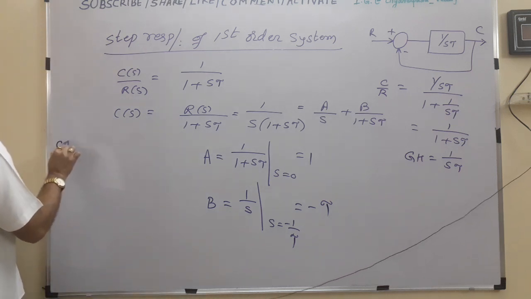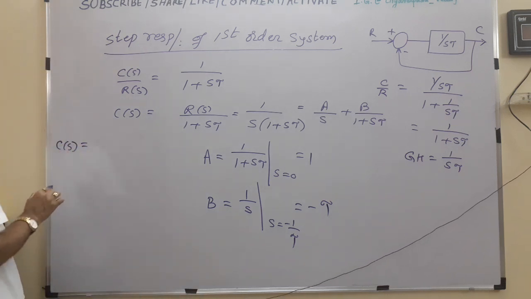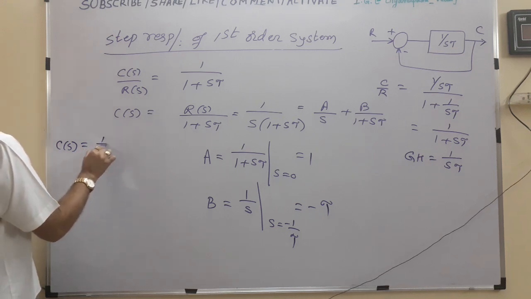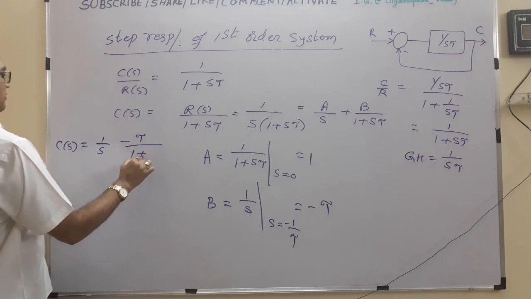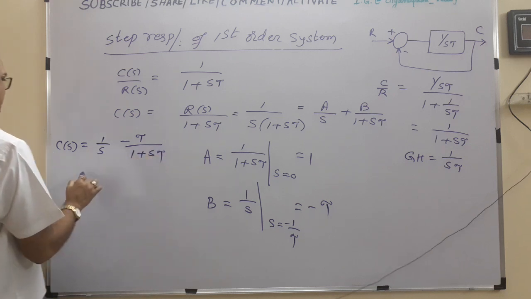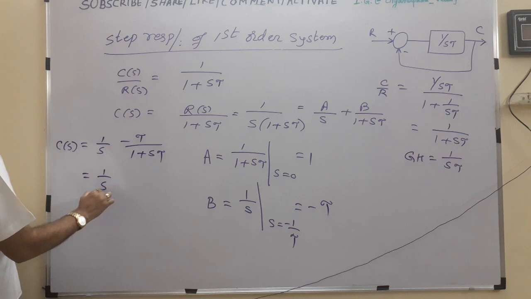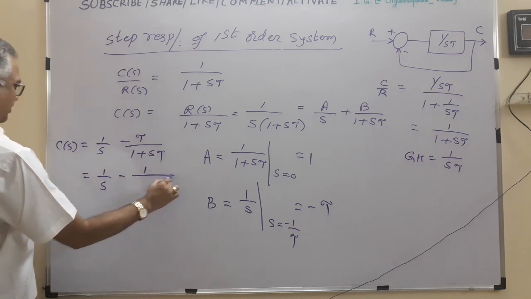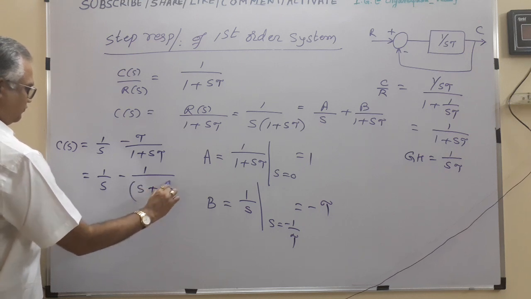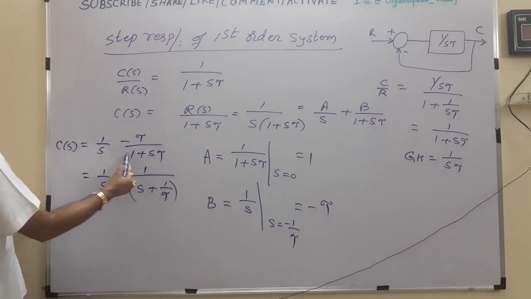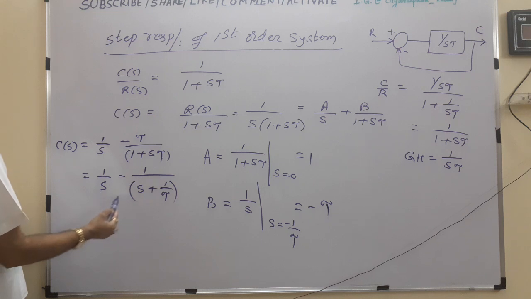Therefore, C of S equals 1 by S minus tau by 1 plus S tau, which is 1 by S minus 1 by S plus 1 by tau. Take tau common, cancel.